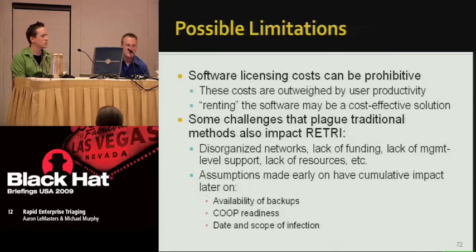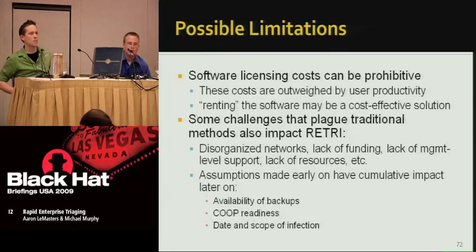And then also, just to state the obvious, all the same challenges that plague regular incident response are still inherent in this process. If you don't know your network, which we said was really important, and you don't have any idea where all your hosts are, that's a problem for any response action. And then obviously, how well did you plan and prepare your backups, right?